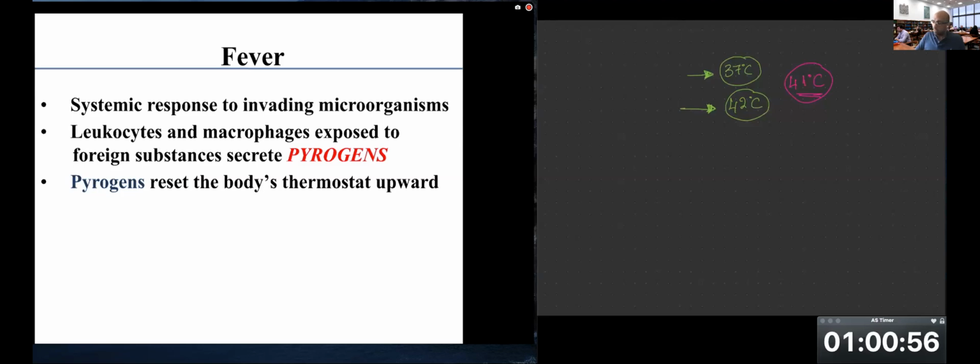So again, what is the set point? What is the set point in the thermostat in the hypothalamus? Now, the temperature in the thermostat is set at 42. So think of the AC.